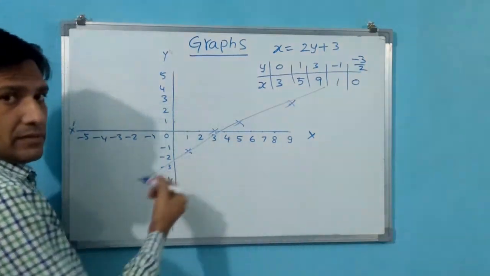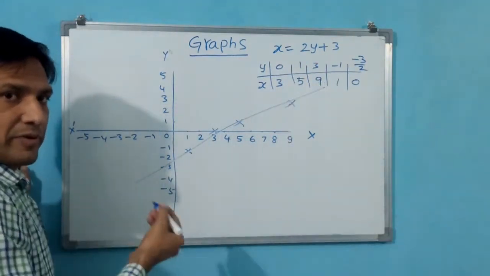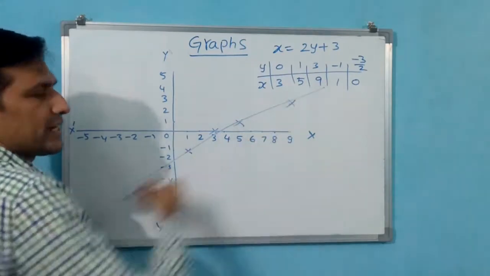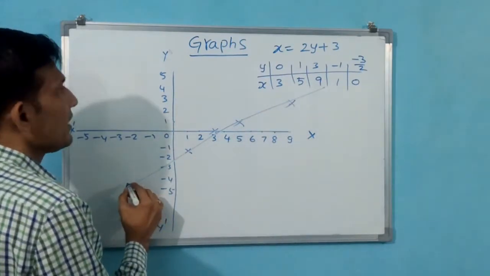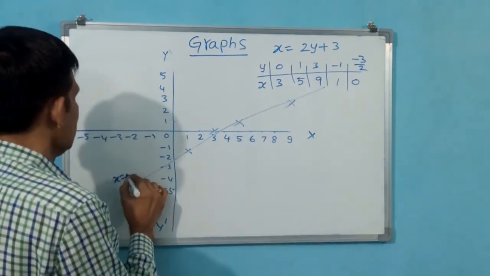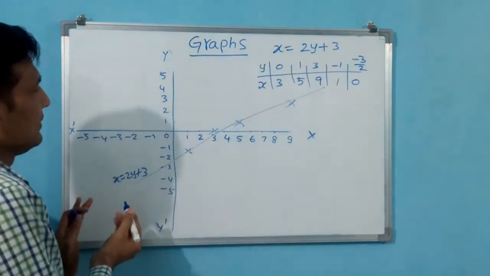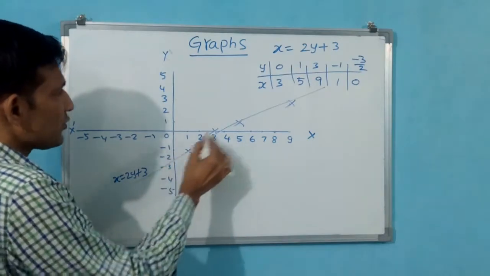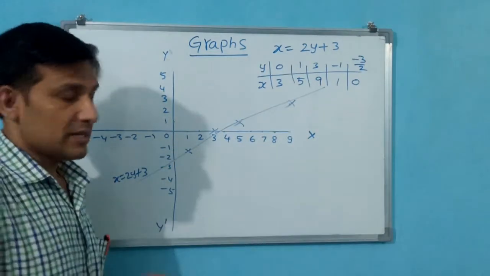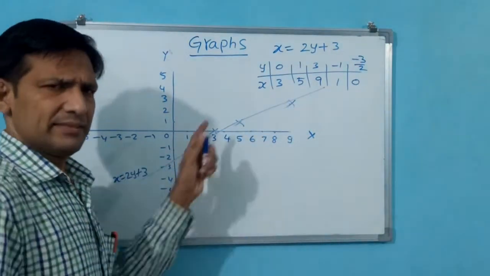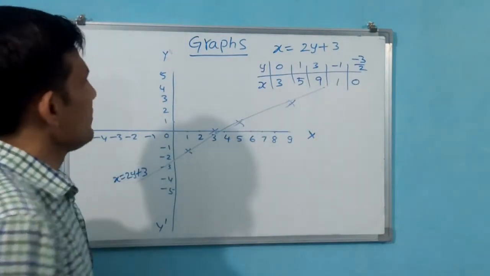If you draw by your scale or whatever it may be, steel rule, a straight line is going to come. Now you write x is equal to 2y plus 3 on that line at one corner, and these points should be visible to the examiner. X, a small light, one line you take.